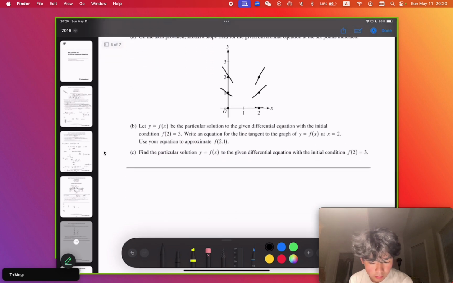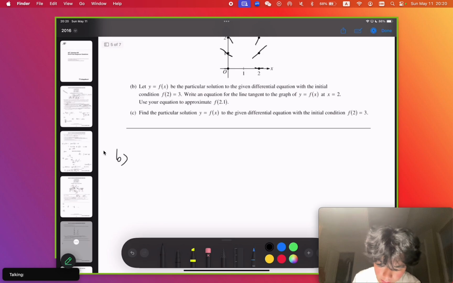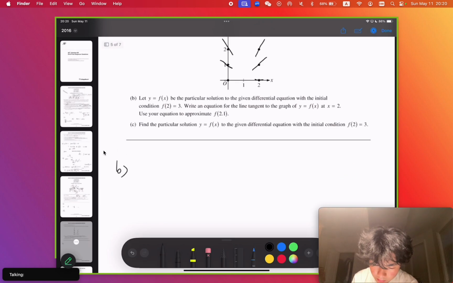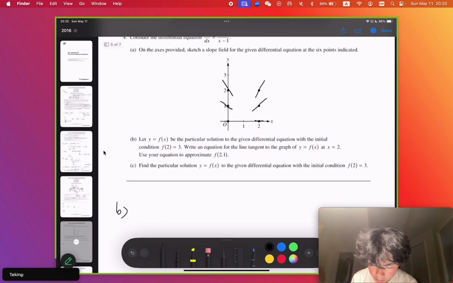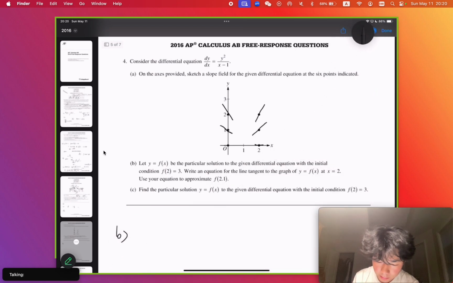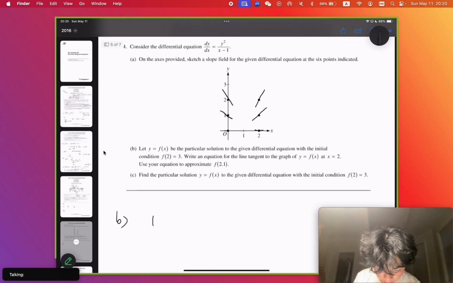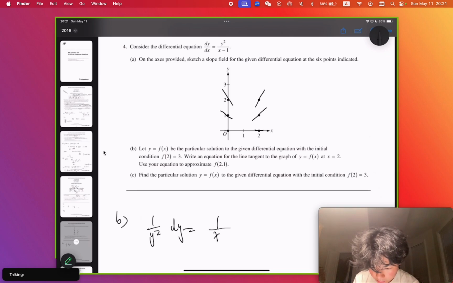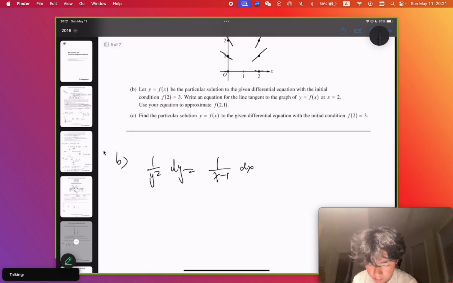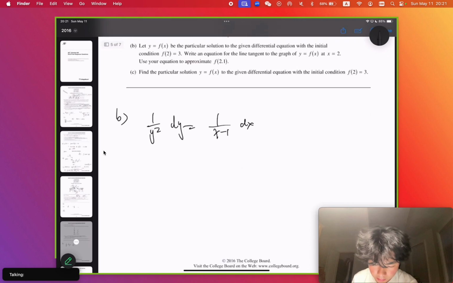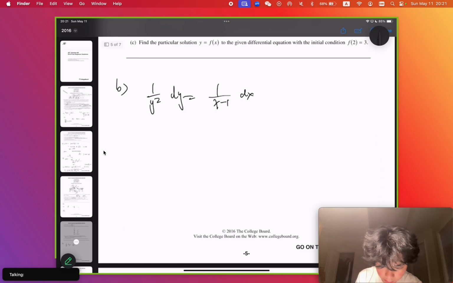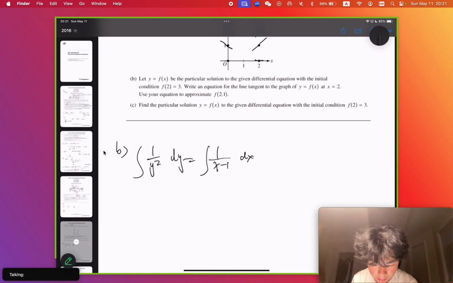Alright, so B, particular solution with a condition. Alright, this is very easy. Every time you do this, just do this. dy equals, don't even think about it. You just have to switch the sides of these two things, because you can always switch these around. So remember how to do that, and then take the integral of both sides. That's what you have to do.